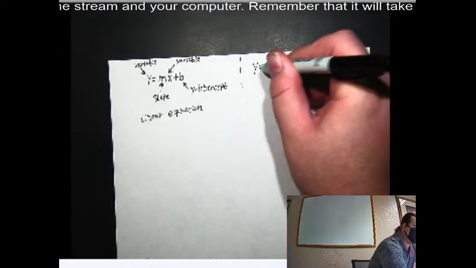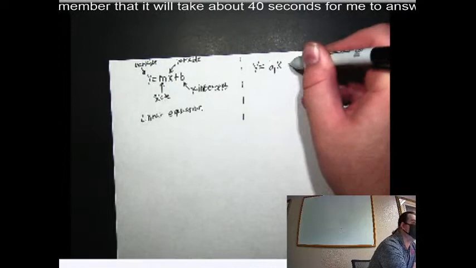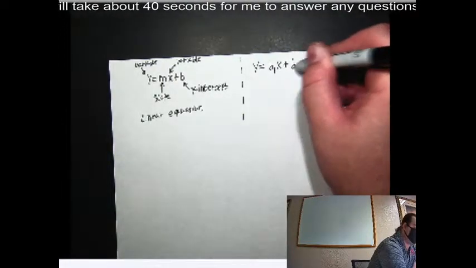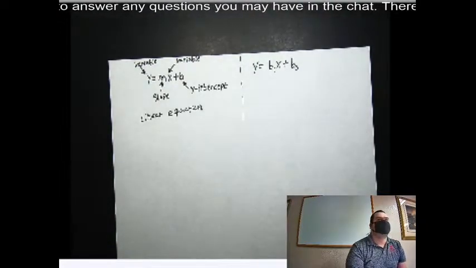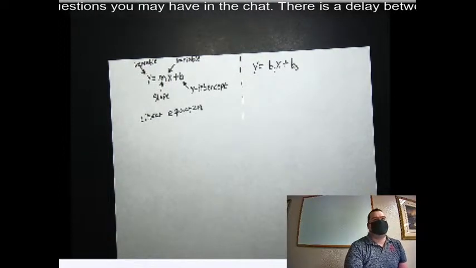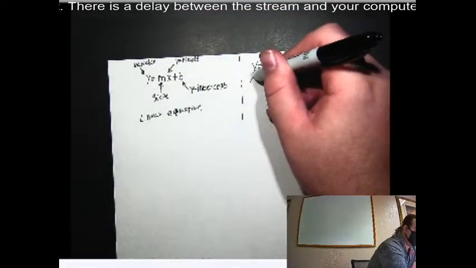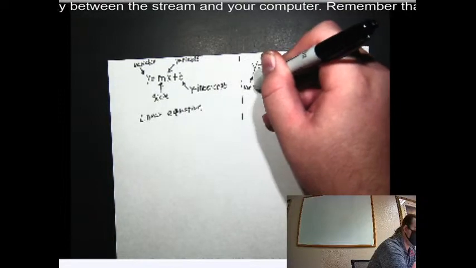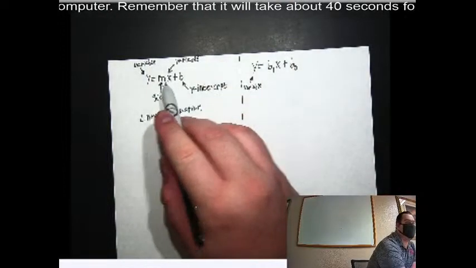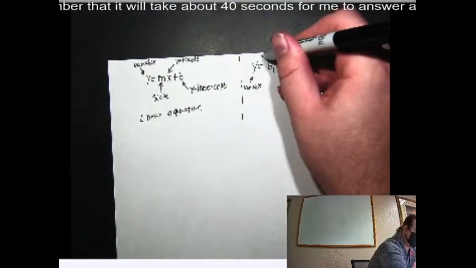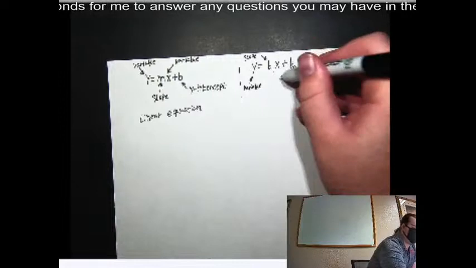Y equals b sub 1 times x plus b sub 0, or b sub o. But all of these represent the same thing. Y is still one of those variables. B sub 1 is what's replacing m, so it's still our slope. X, another variable.